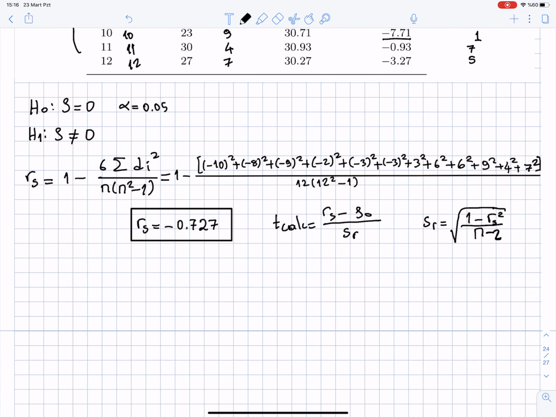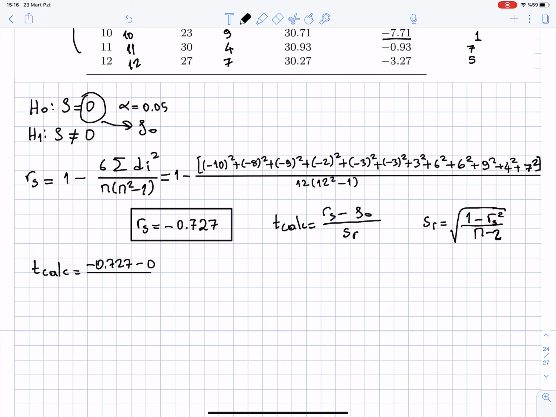The calculated statistic, the t-calc, equals minus 0.727 minus 0, since rho null is 0, divided by the standard error.